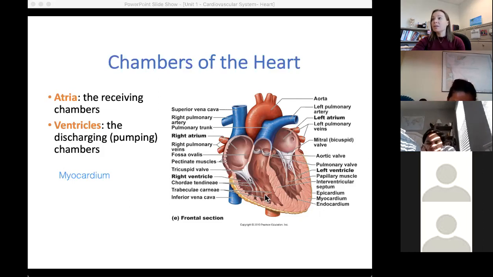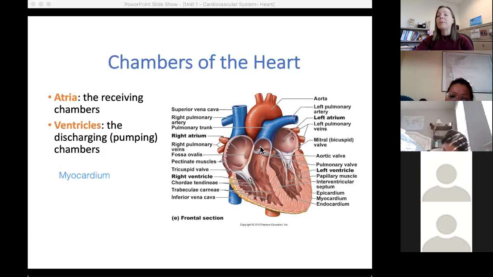And from here, blood gets pumped into the pulmonary trunk, which is this blood vessel here. This is what you can add in your outline if you have it in front of you: the pulmonary trunk splits into 2 pulmonary arteries, which send blood to the lungs.